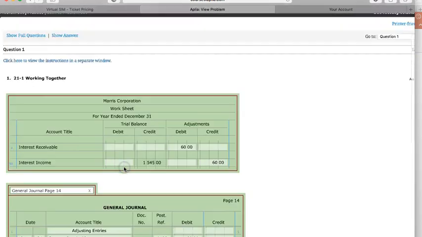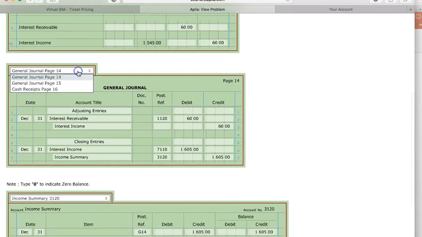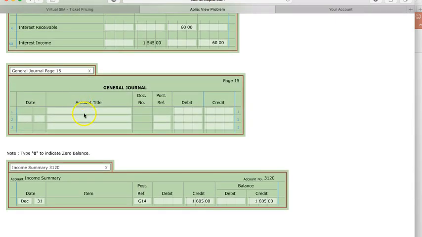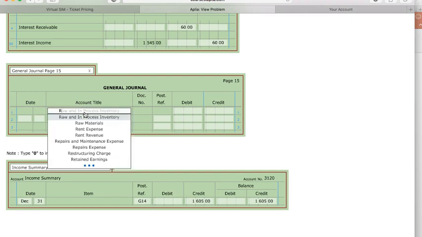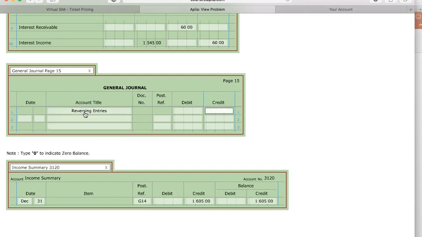Okay, so let's go down to our General Journal page 15. Our title is Reversing Entries, and this is January 1st. And we're going to do interest income.